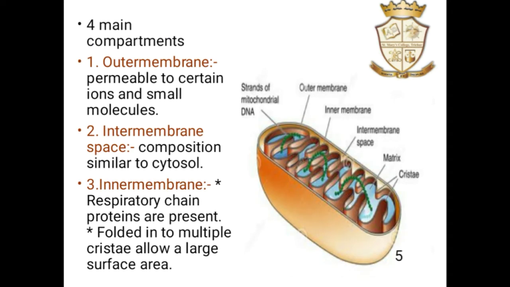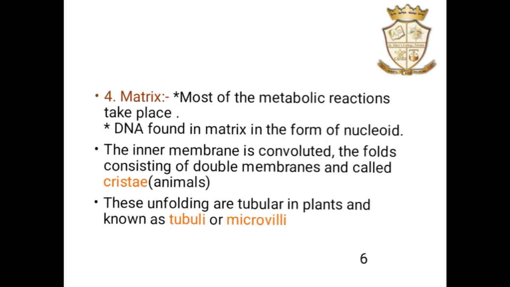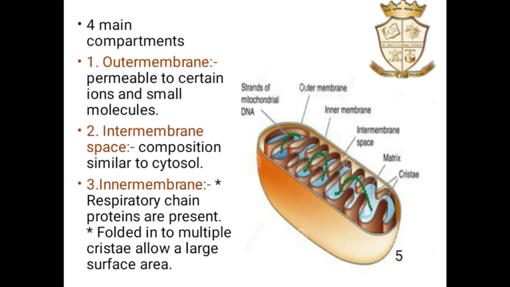Then the structure. Looking at the structure, the mitochondria have four compartments: outer membrane, inner membrane, intermembrane space and matrix. These are the four main compartments of the mitochondria.